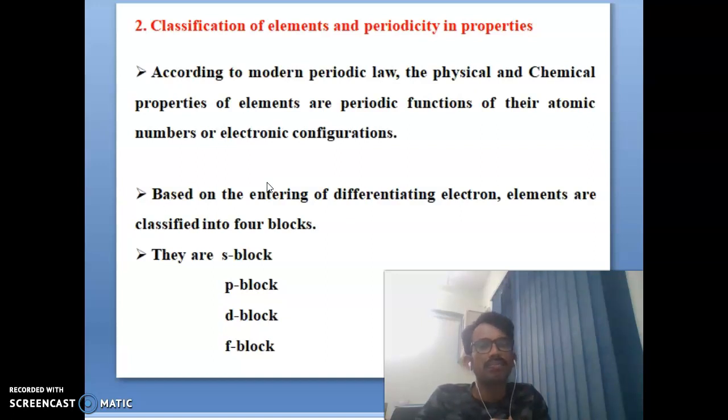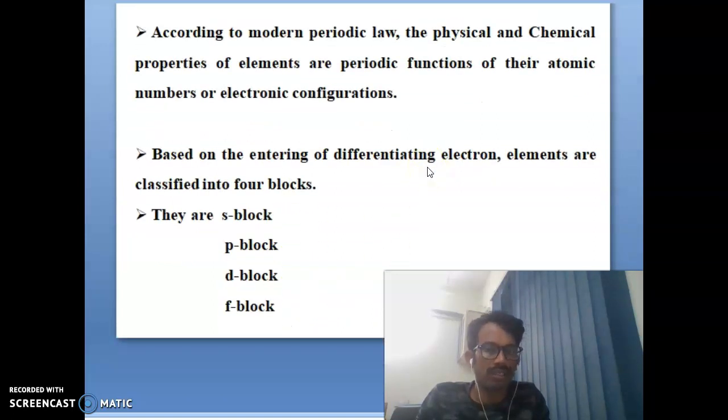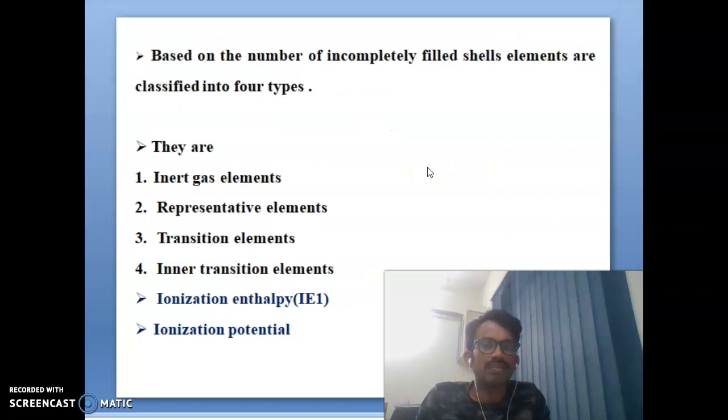Based on the entering of the differentiating electron, elements are classified into 4 blocks. They are the S block elements, P block elements, D block elements and F block elements. Based on the number of incompletely filled shells, elements are classified into 4 types.